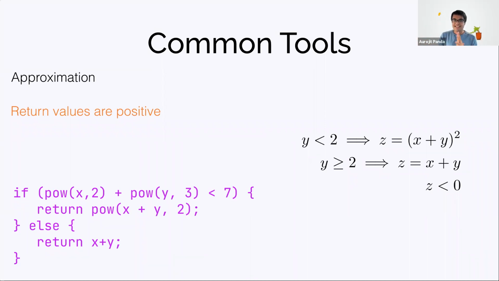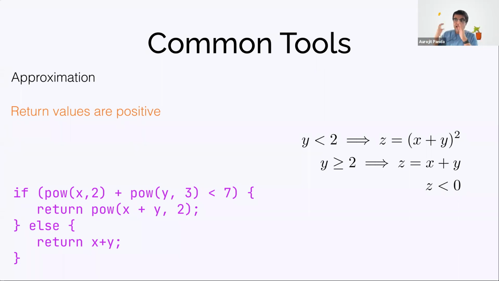However, notice that in doing so, I've also given up fidelity, right? So, x squared plus y cubed less than 7 doesn't strictly correspond with the case where y is less than 2. And this means that when my SMT solver returns a counterexample, it might not actually be a counterexample for the actual problem. So in this case, I'm giving up on completeness.